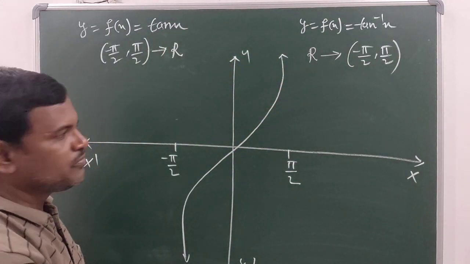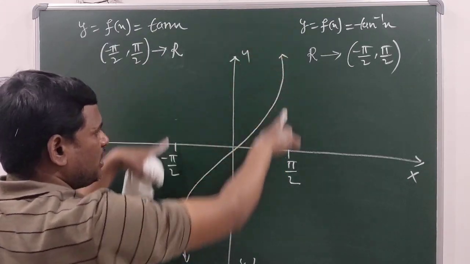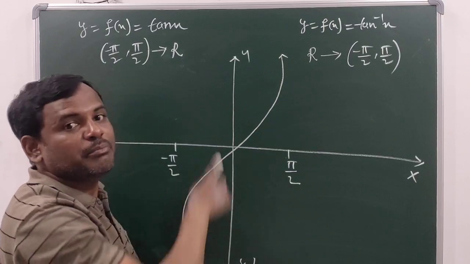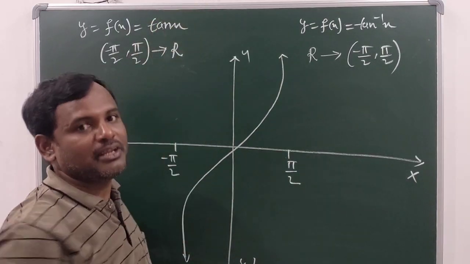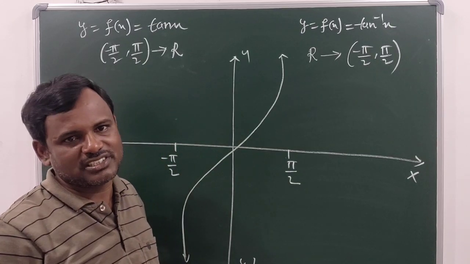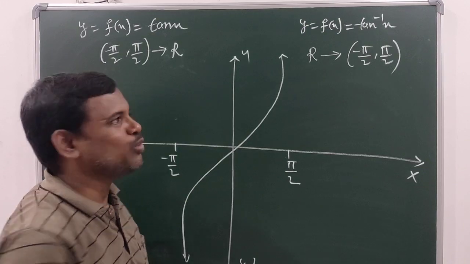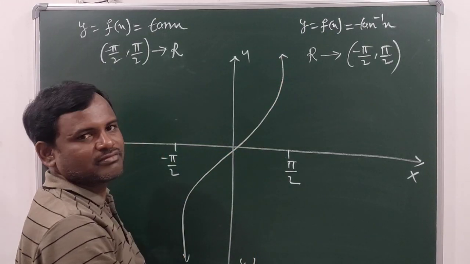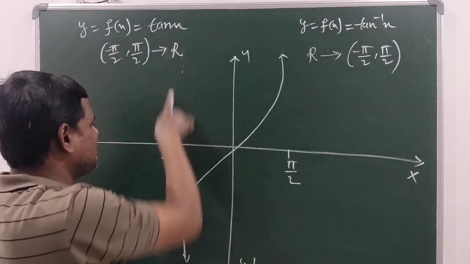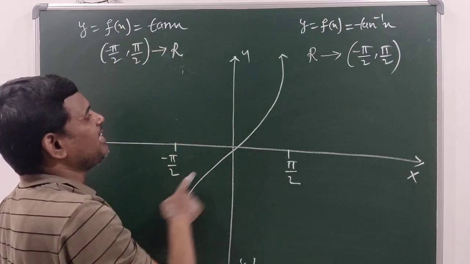If you draw the vertical lines through minus 90 and plus 90, those two vertical lines should not touch this curve. It may touch at infinitely many distances, but we cannot recognize that point of intersection. Hence, these vertical lines will be called asymptotes for this curve. What is this? x equal to 90. What is this line? x equal to minus 90. Both are asymptotes for tan x in this interval.